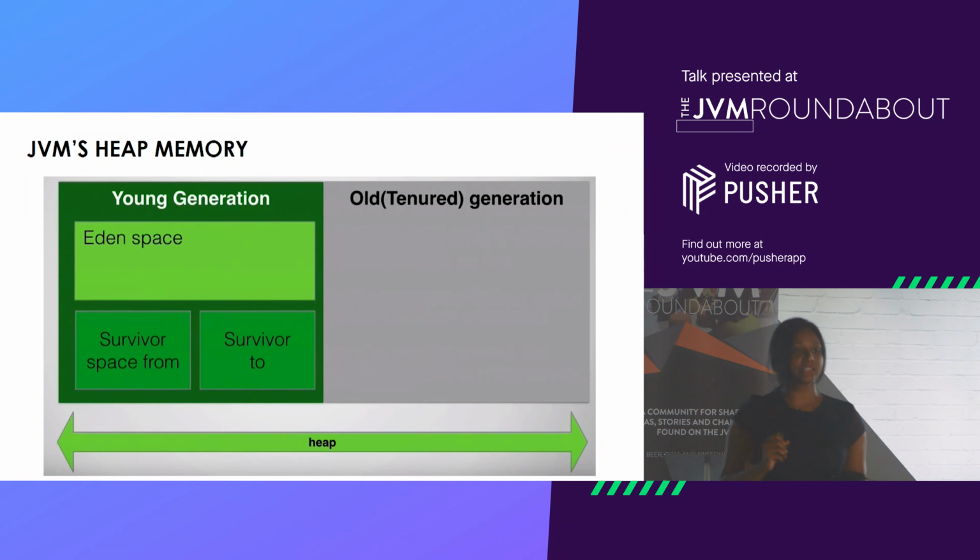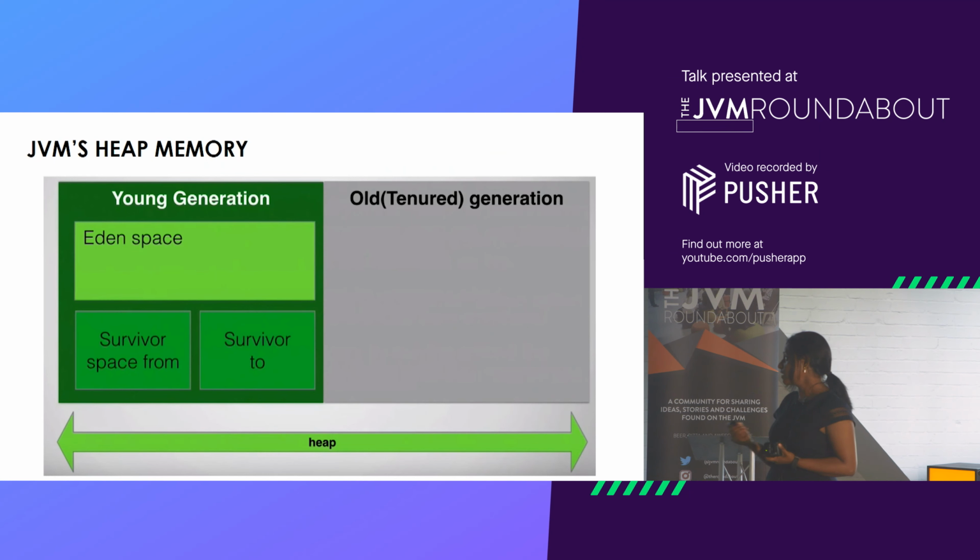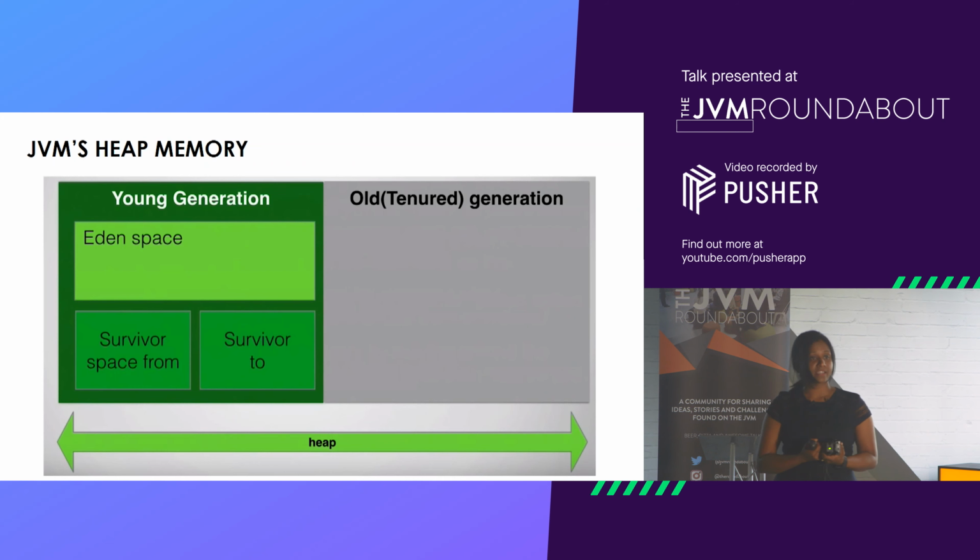Now, let's look closely into what our JVM's heap memory looks like. The JVM's heap is divided into two main spaces: young generation and old or tenured generation. The young generation is further divided into Eden space and two survivor spaces.